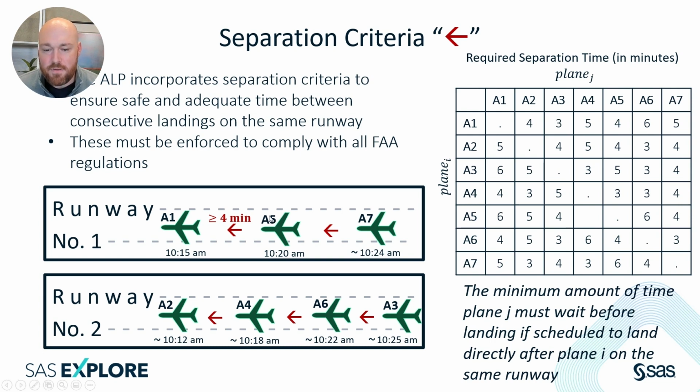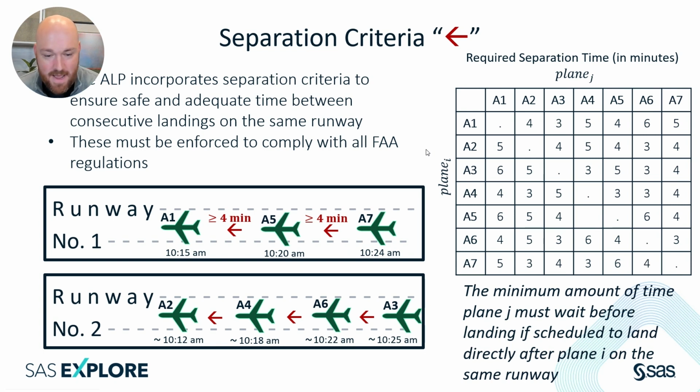Well, what about between planes A5 and A7? Well, row A5, column A7 is also 4 minutes. And we can see if plane A5 lands at 10:20, plane A7 therefore can land at 10:24.